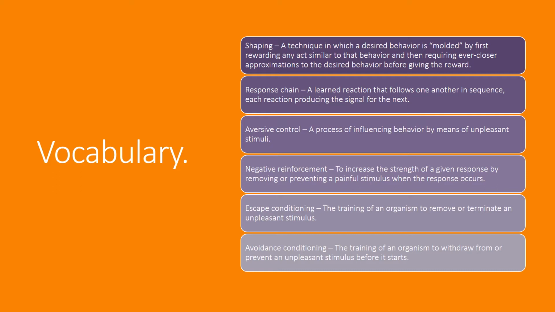Negative reinforcement, to increase the strength of a given response by removing or preventing a painful stimulus when the response occurs. Escape conditioning, the training of an organism to remove or terminate an unpleasant stimulus. And avoidance conditioning is the training of an organism to withdraw from or prevent an unpleasant stimulus before it starts. My apologies for messing that last one up.